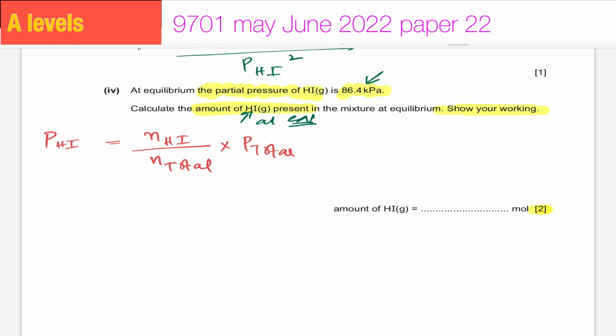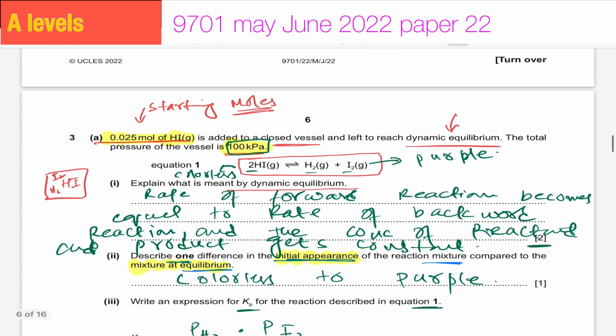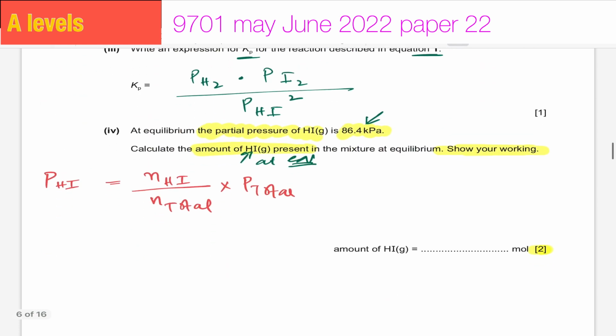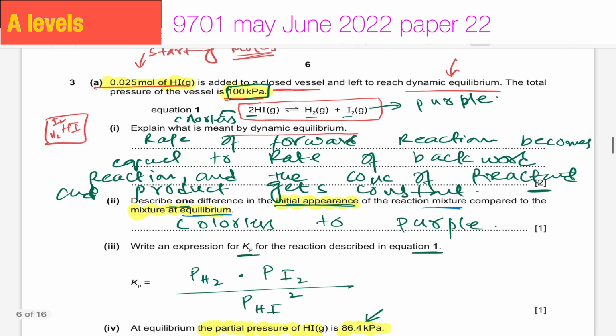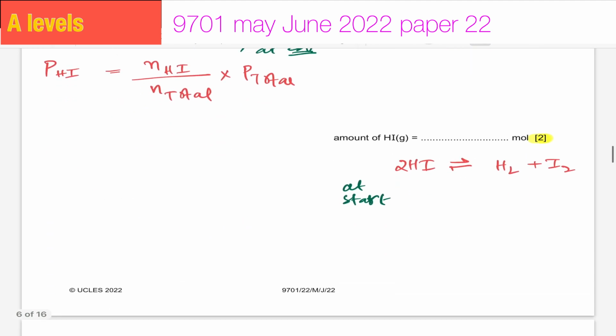So we will solve this question with an assumption. Let's say, just to explain it to you, that we have this equilibrium established: HI, hydrogen and iodine. At the start, we have how many moles of hydrogen iodide? 0.025. So initially we have 0.025 moles of hydrogen iodide, 0 moles of hydrogen and 0 moles of iodine.